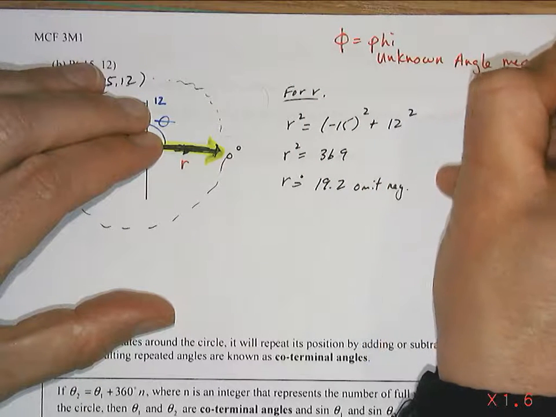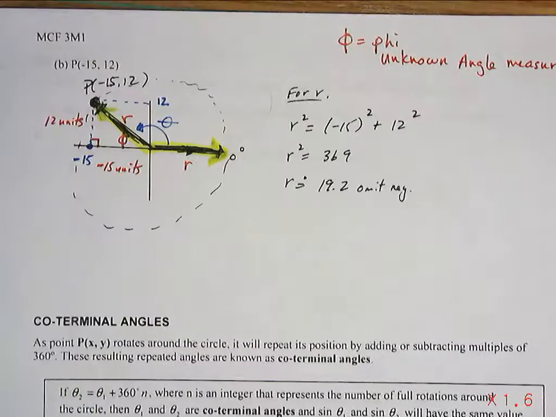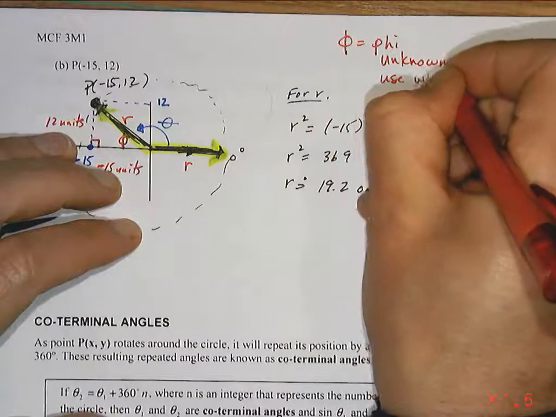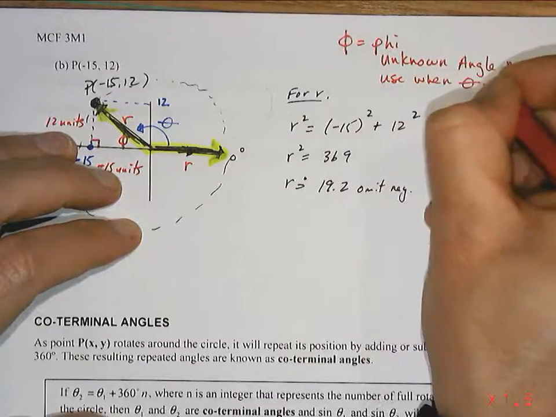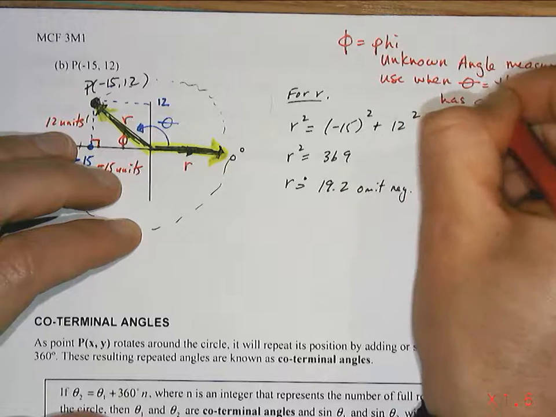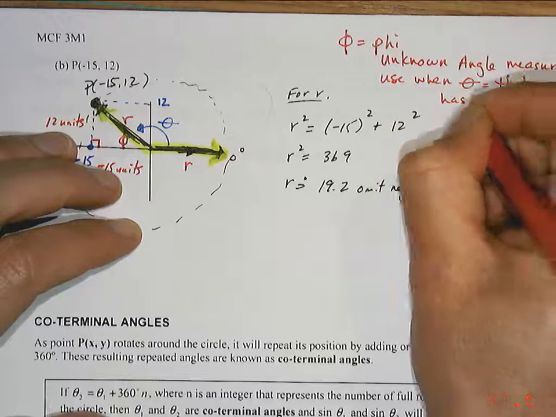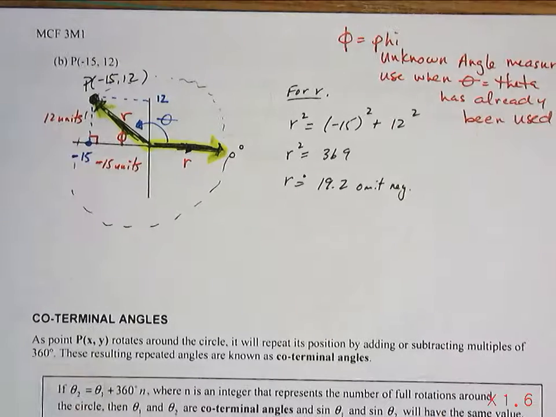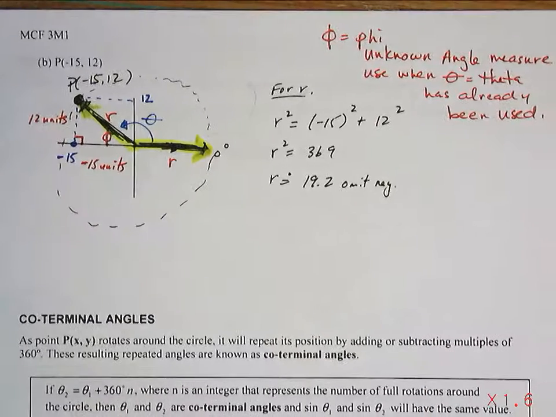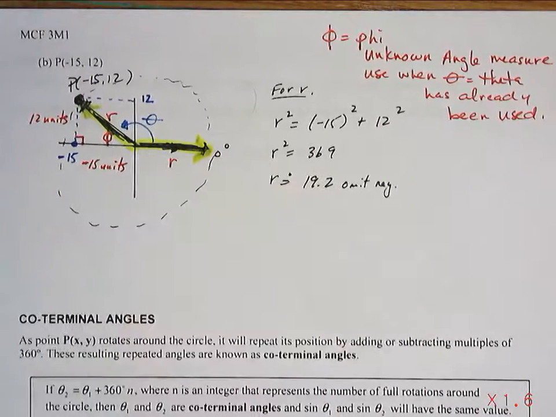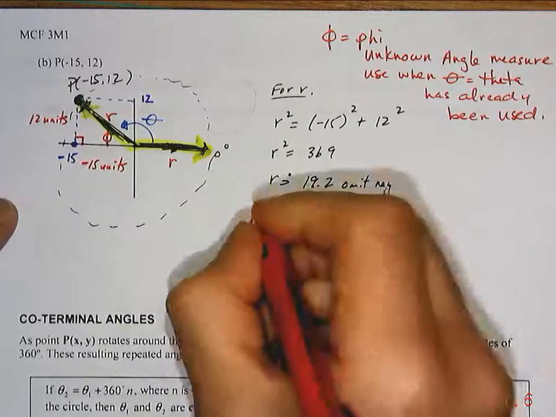It's an unknown angle measure. And we use it when we've already used theta. Okay, so we're going to use it when theta has already been used in the question. So I have a theta, so I need another variable. I'm going to use phi. Okay, so let's find phi.